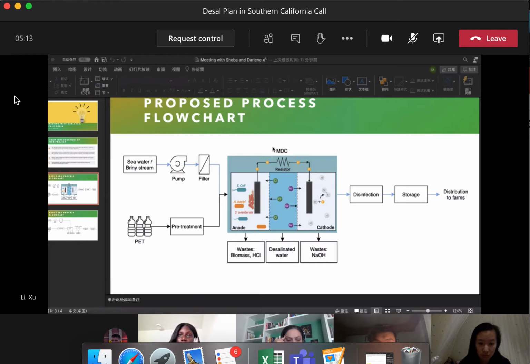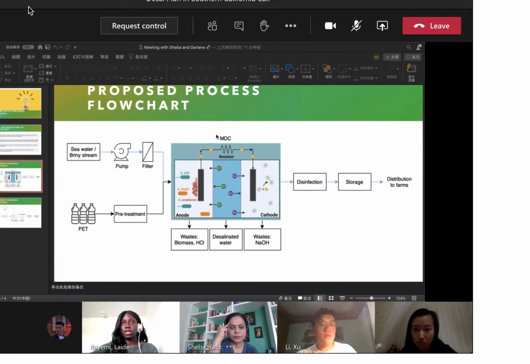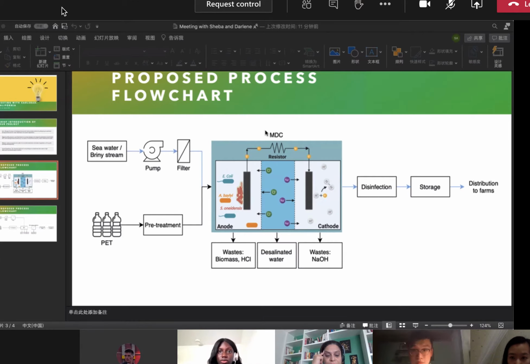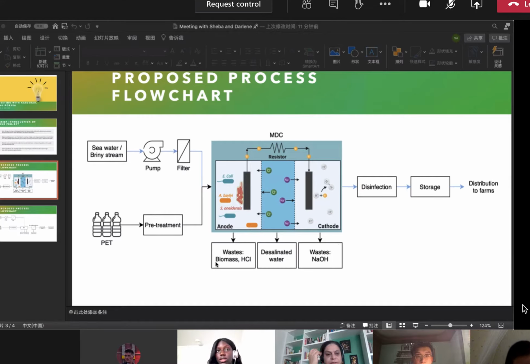But part of the proposed strategy of implementing this, which we wanted to present to you, was to potentially use this desalination cell on its own if we do find out that it's able to produce enough electricity to complete a full desalination process to the efficiencies required for irrigation.